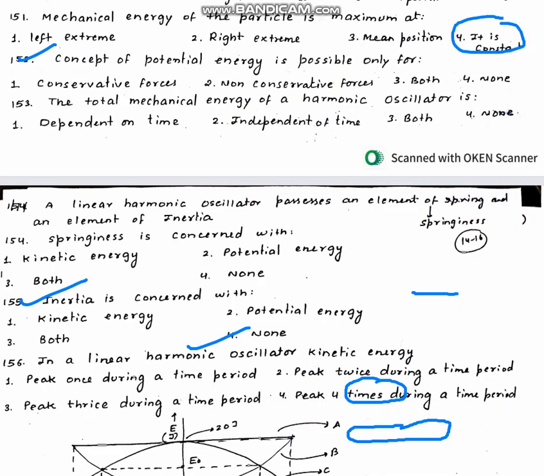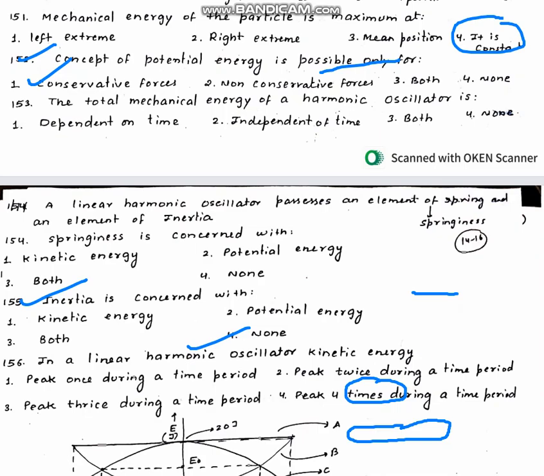Next is concept of potential energy is possible only for. So it is possible only for conservative forces because potential energy refers to the energy which can be brought back to the system and it is in between the constituents of the system.